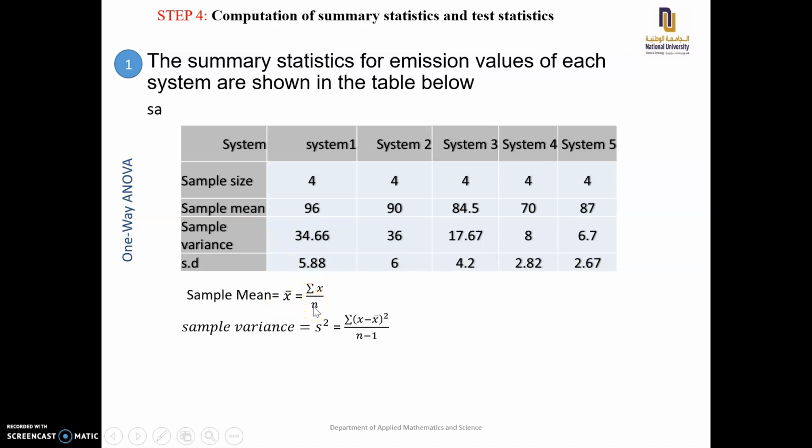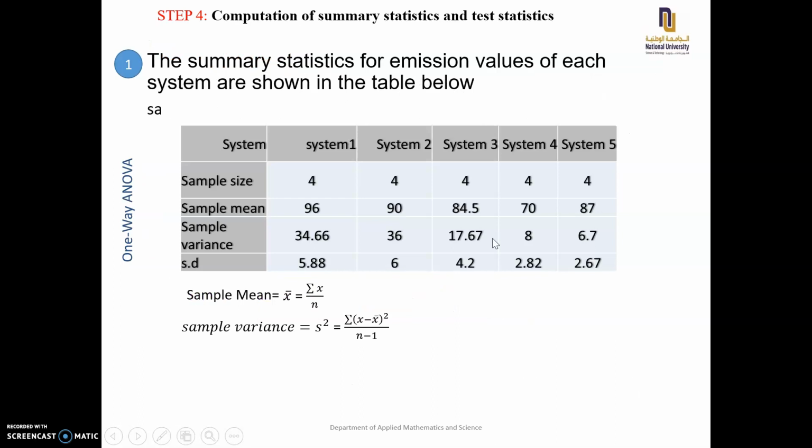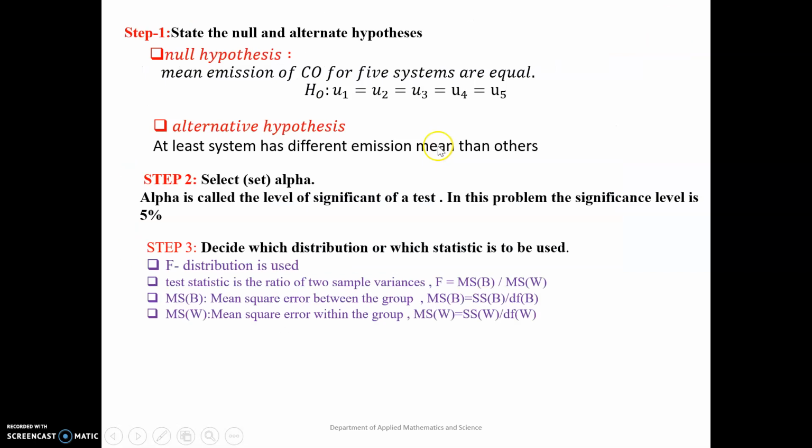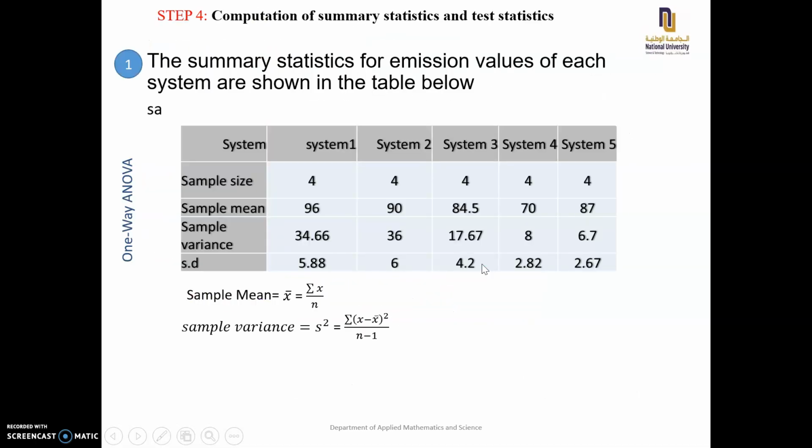What do we mean by that? It means we have to sum all the values in system 1 and divide by 4. So we reach this number. Again, for system 2, we have to add these values and divide by 4. Similarly for systems 3, 4, and 5. These are the sample means, called X bar.